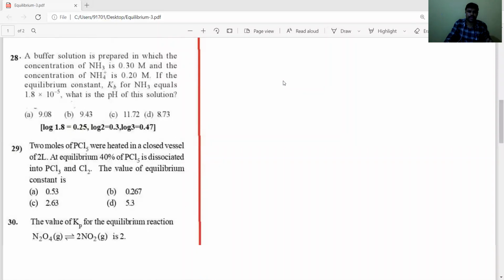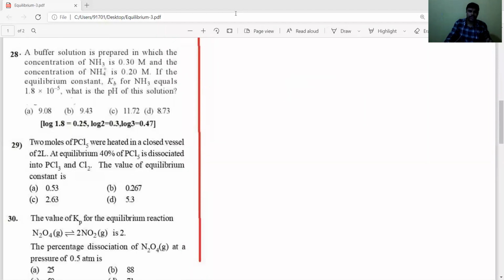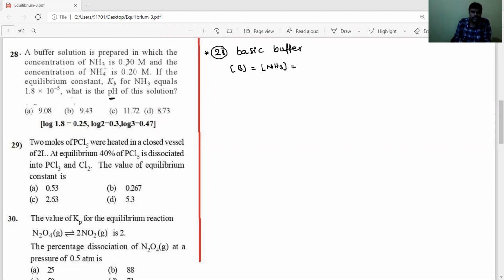28th question, basic buffer solution. For this basic buffer solution, what they asked is the pH value. For basic buffer solution, the concentration of base, that is ammonia, they gave as 0.3 in the question.